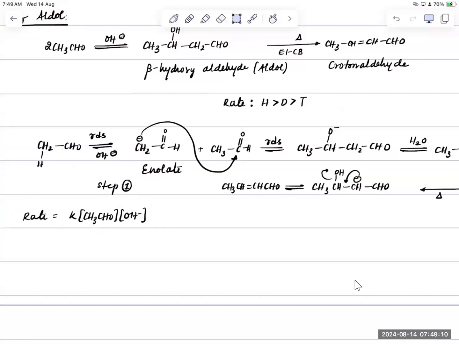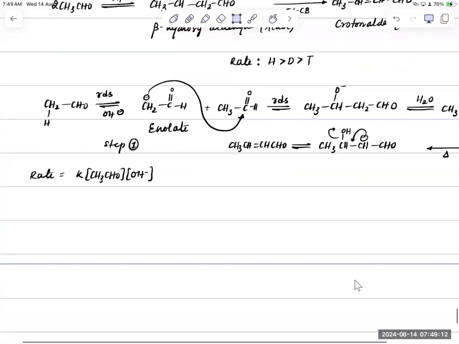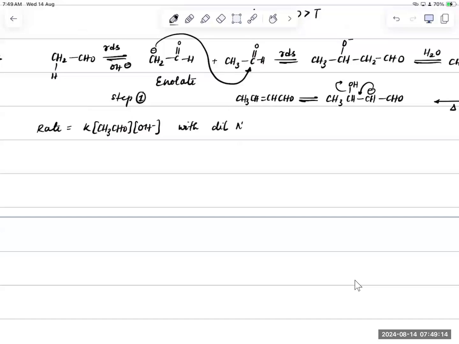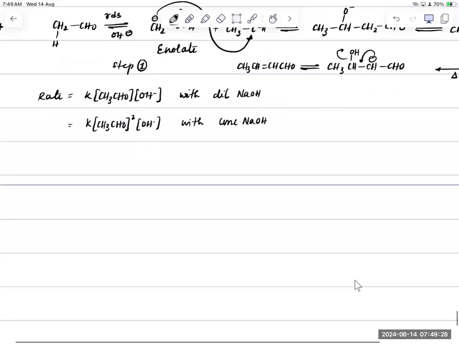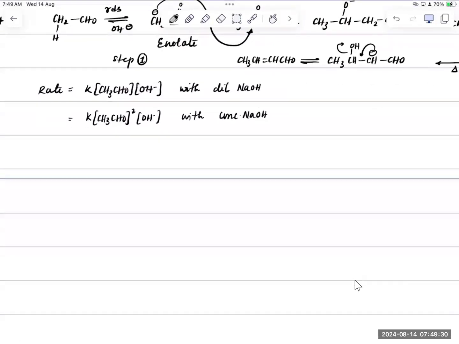This with dilute NaOH, and rate would be K into CH3CHO square with OH minus with concentrated NaOH. So accordingly, you will figure out what will be the rate.